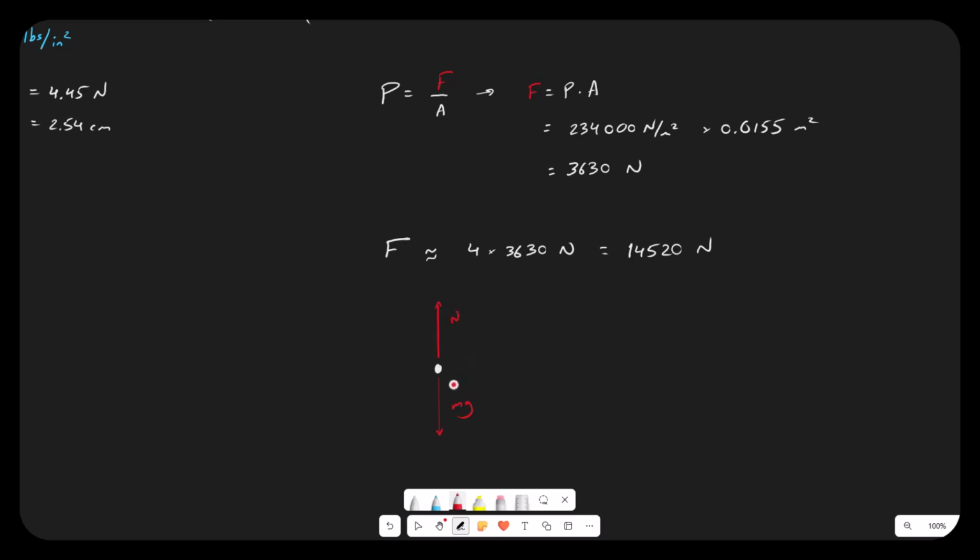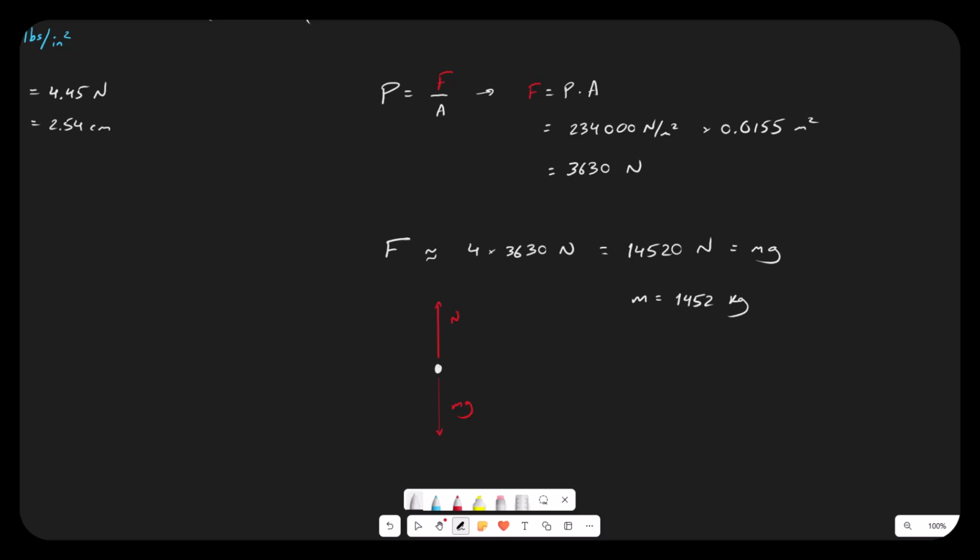So the force that I'm getting is going to be equal to mg. So this equals mass times gravity, which means the mass of my car is about 1,452 kilograms.